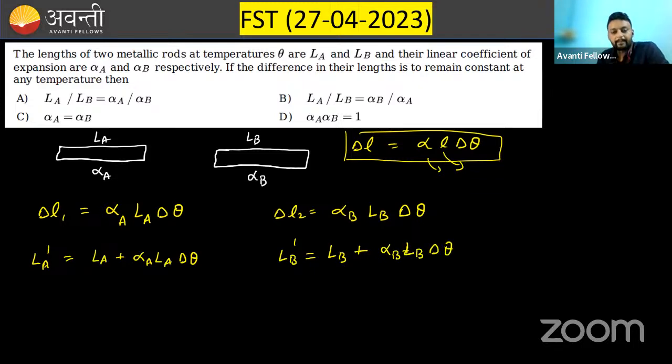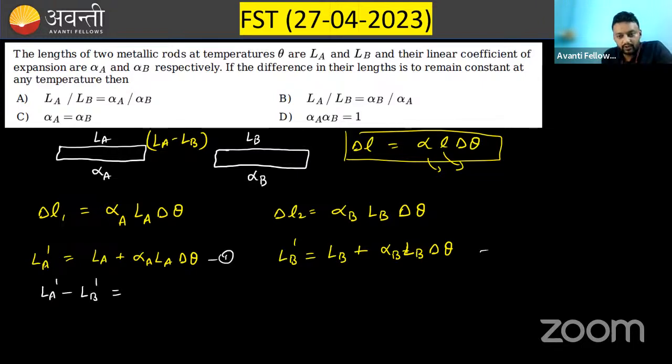Now they are saying the difference in the length should remain constant. Original difference in their length is LA minus LB. This is the original difference. So the new difference will be LA dash minus LB dash. This is the new difference.